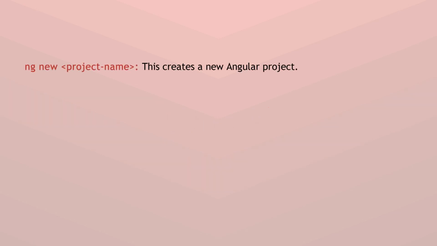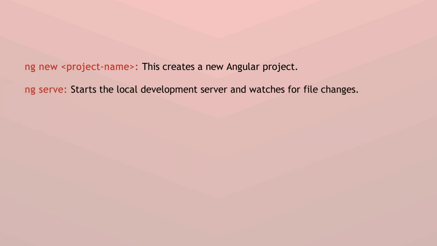Now, let's quickly go over some of the most commonly used commands you'll be using regularly. First one is ng new, followed by your project name, and this creates a new Angular project like we saw in the previous video. Second would be ng serve, and this starts the local development server and watches for file changes, so you don't need to hit the refresh button all the time.